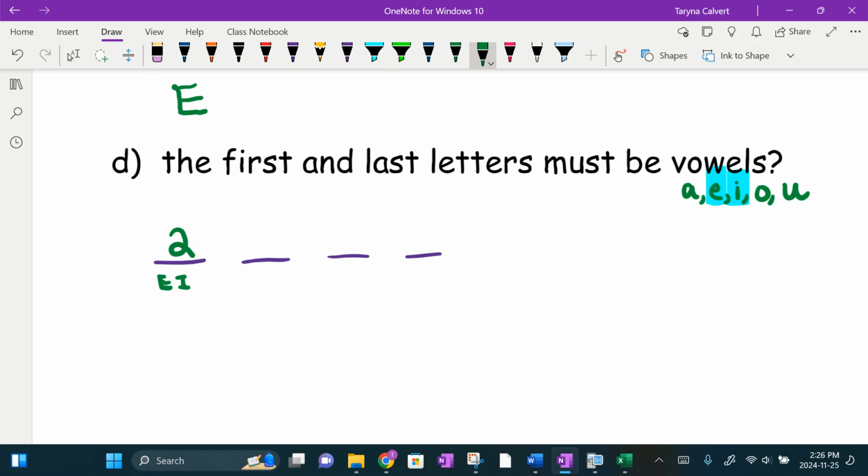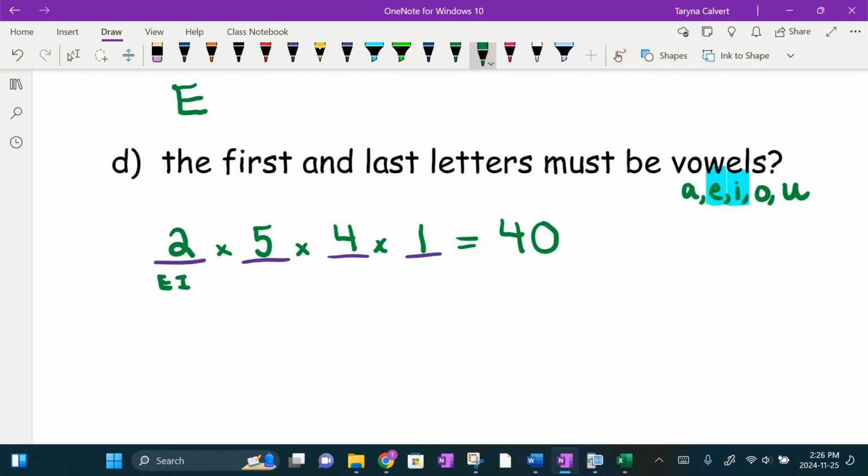So vowels first. Now those are gone. How many choices do we have for the next two? And again, order here doesn't matter. So 5, because we started with 7 and the two vowels are out now, so what we have left is 5. So that will be a total of 40 different arrangements we can make from the word English.